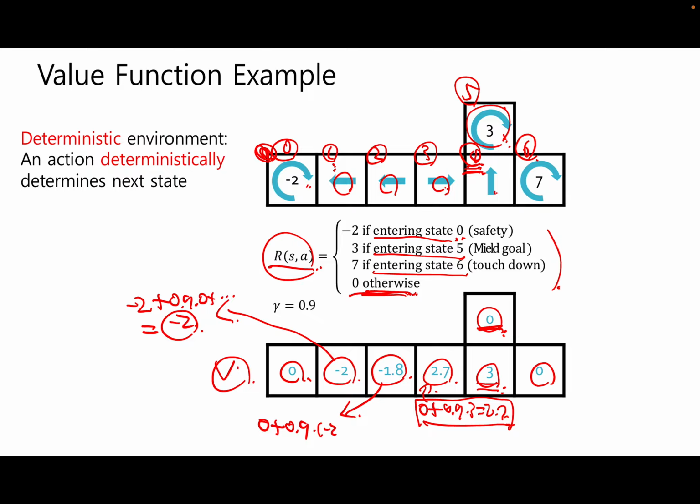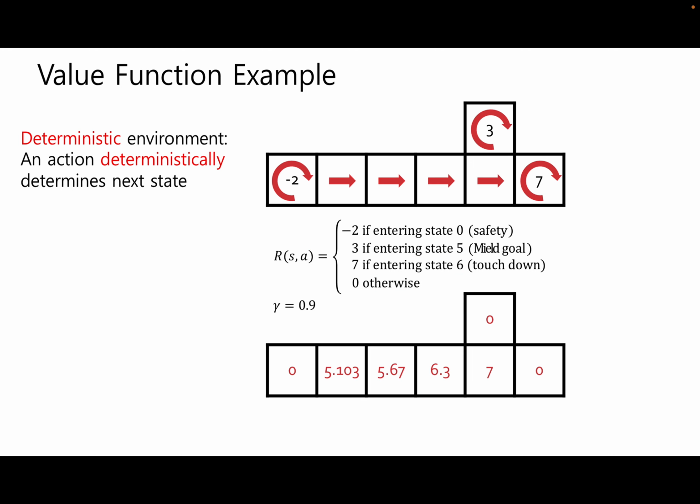Once we enter state 0, the remainder is just 0, so we have -1.8, right? So this shows that we get the value function with predefined actions, where the predefined actions are illustrated with the blue arrows, and these numbers are the value function. You can just simply follow the definition of the value function.